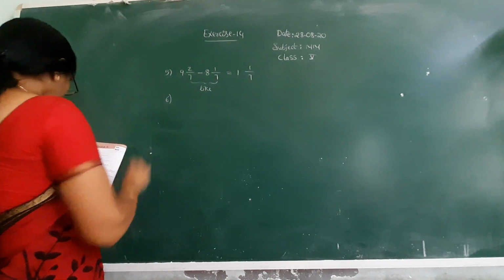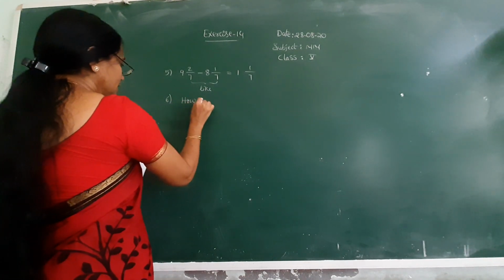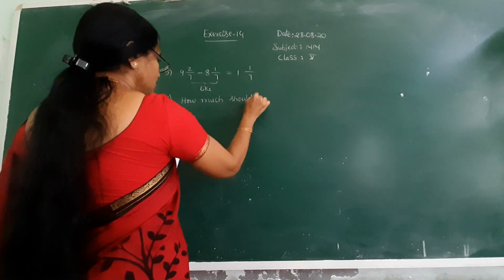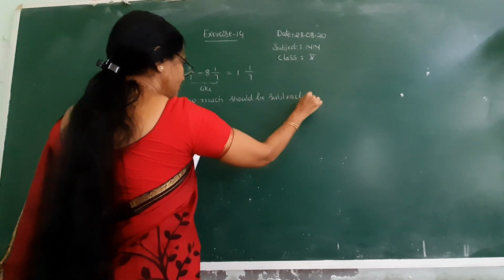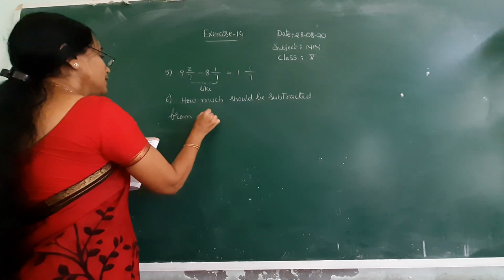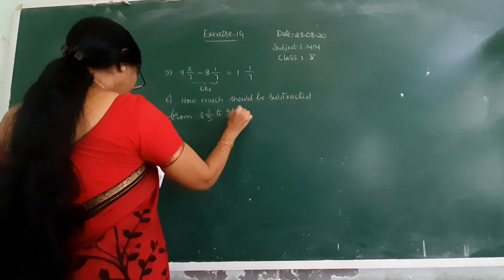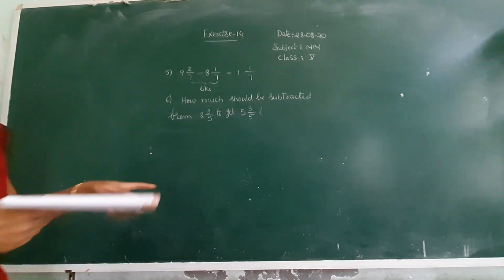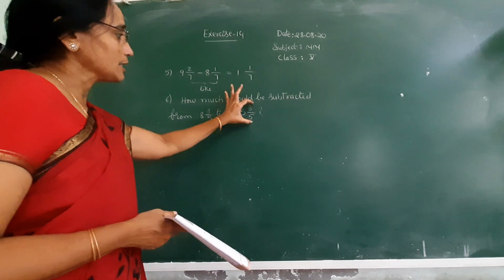See the sixth one. How much should be subtracted from 8 3 by 5 to get 5 3 by 5? So how much you should subtract from this to get that one, they are asking. Here these two proper parts are the same.